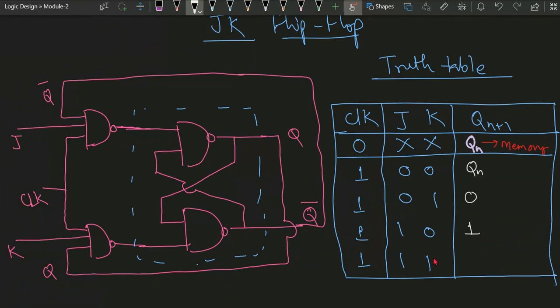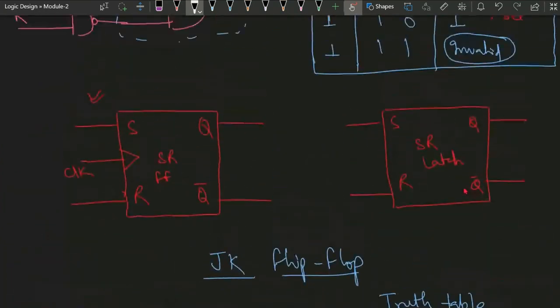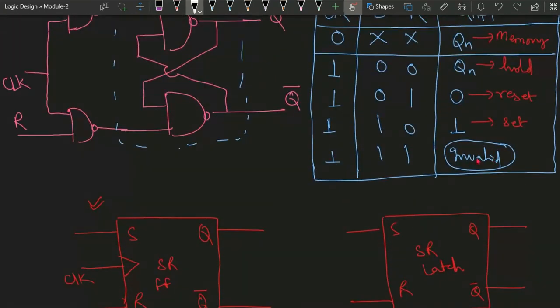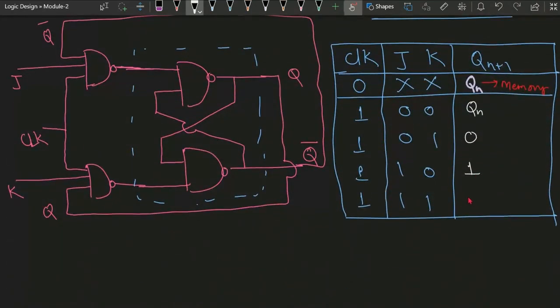And if it is 1 1, the output changes, because we were interested in the invalid state. The output becomes Q bar, meaning whatever the previous output was, its complement will be there in the 1 1 condition. Once you put the values in, you can verify it. This is called the toggle mode.